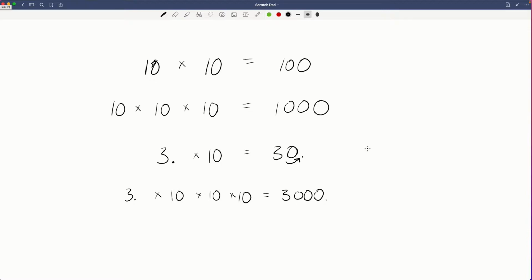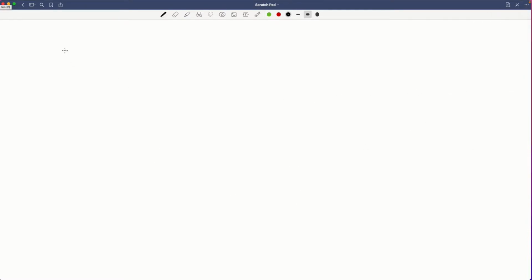So let me see what we have. Let's do example 8.1 and clear this. In example 8.1, we are going to multiply this number times 100, which is 2 powers of 10, or 10 times 10. We don't even have to think about it.